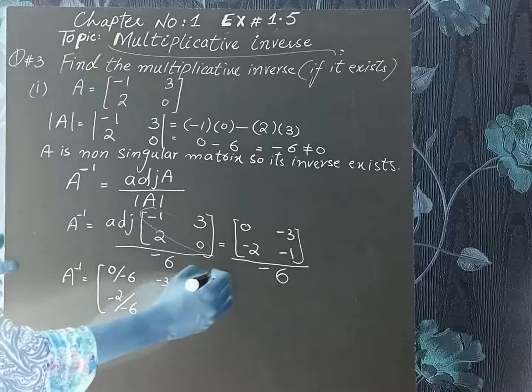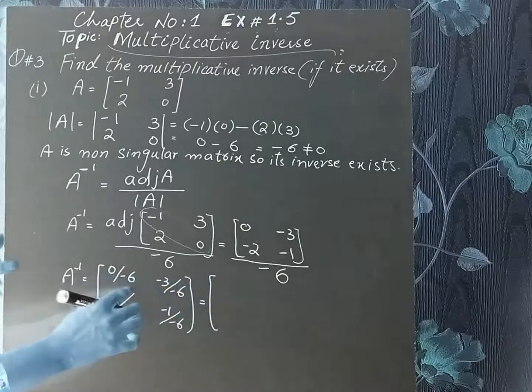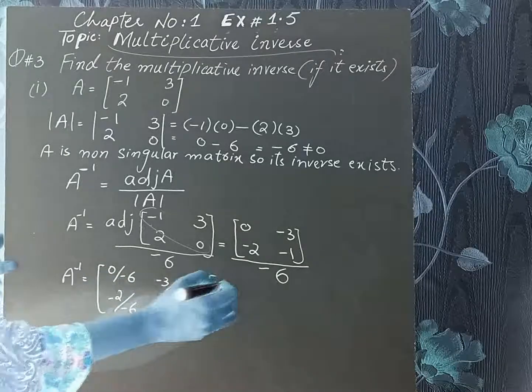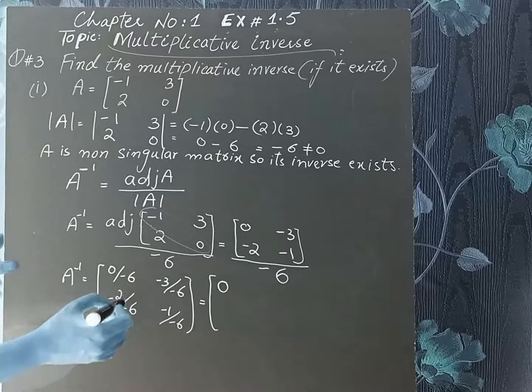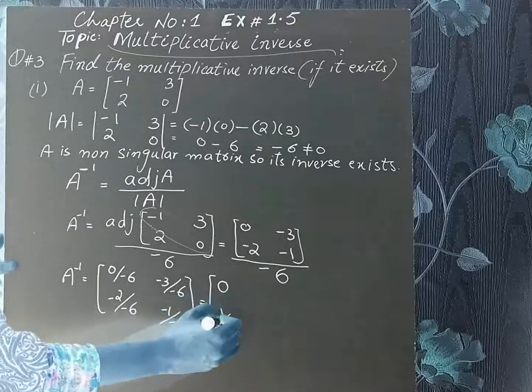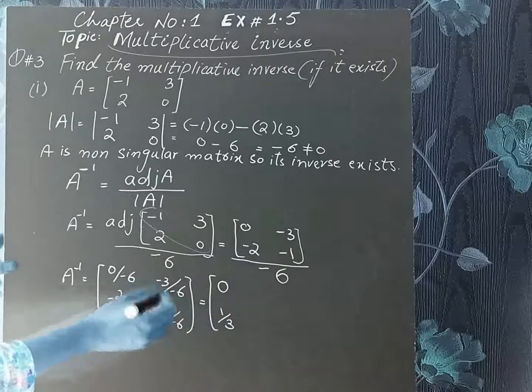We will simplify this. 0 divided by any number, that is 0. Both minus are cancelled. So 2 one times 2, 2 three times 6. This is 1/3.